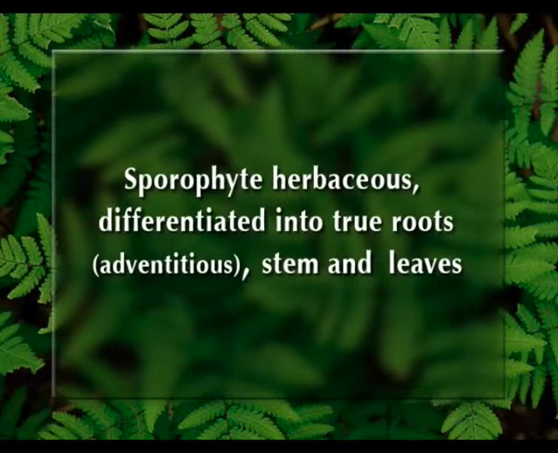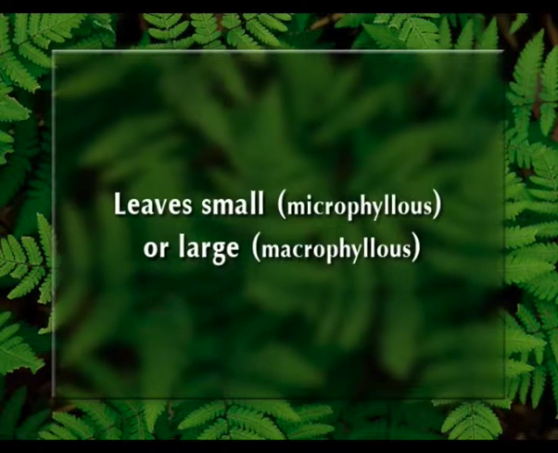The sporophyte, which I already mentioned is the diploid phase, is generally herbaceous and is differentiated into a true root, roots usually being adventitious, stem, and leaves. The leaves may be small, microphyllous, or they may be large, macrophyllous, usually called fronds.